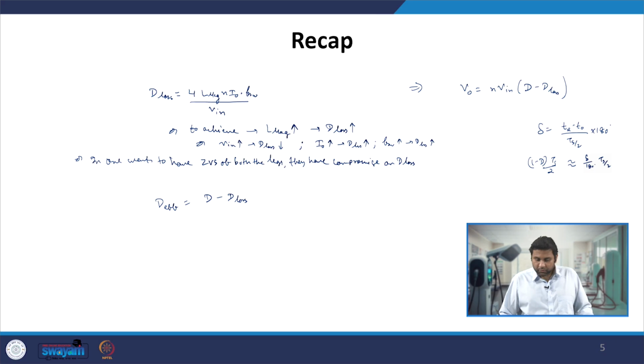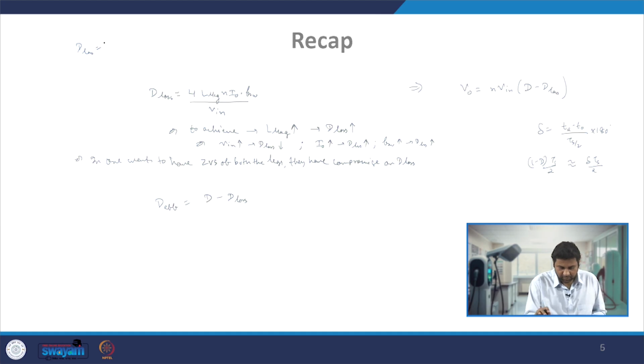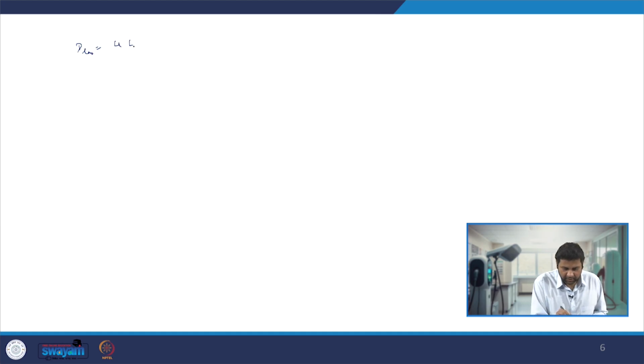So if we write down this thing, D loss is nothing but equal to 4 L leakage N I naught Fsw divided by V in.